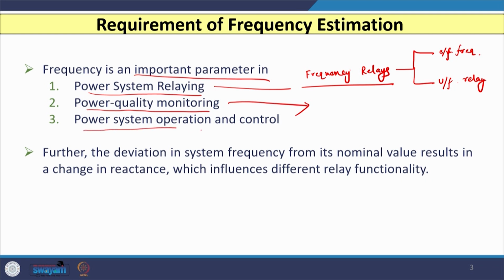Moreover, when we are dealing with the operation and control of the power system network, we also need to estimate the frequency. Further, nowadays renewable energy sources are widely used at the distribution network. Their penetration is day by day increasing, and specifically we are using solar PV and wind, both types of distributed generators.